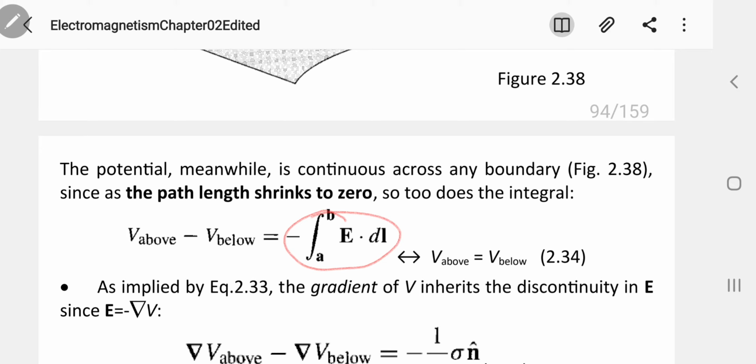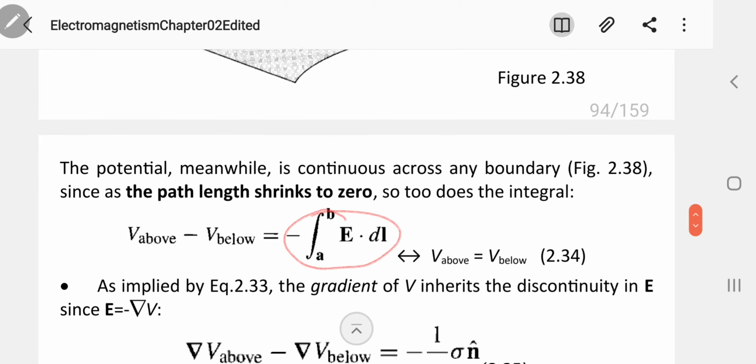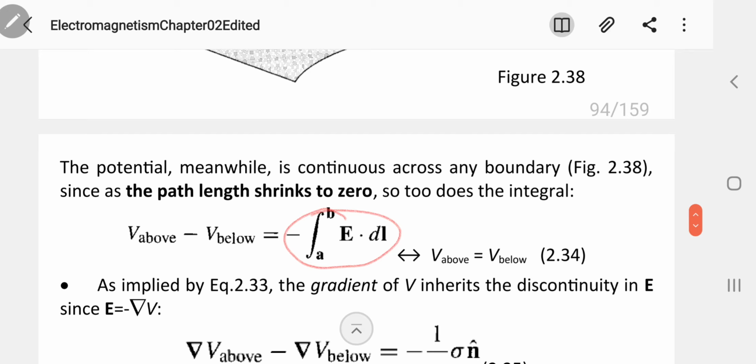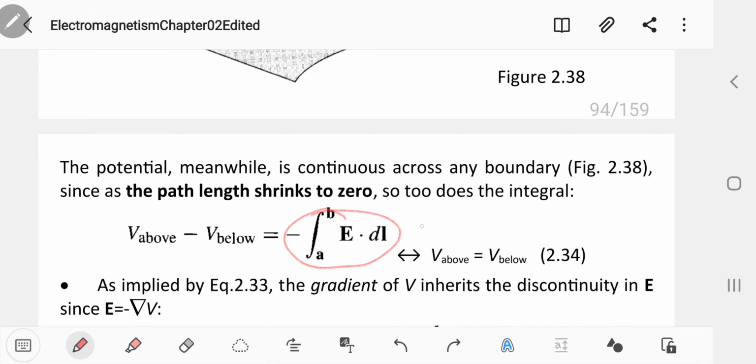So if you let the path shrink so that they stay at the surface charge distribution, then the limits are equal, and this is equal to 0, so that your V above is equal to V below. So that's the electric potential boundary condition on a charged surface.